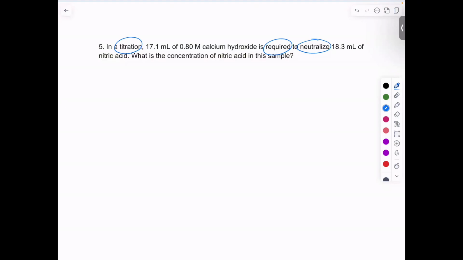They'll say neutralization reaction. Just watch for those keywords, and you'll start seeing volumes and molarities. I would automatically think this particular formula here, MAVA = MBVB.